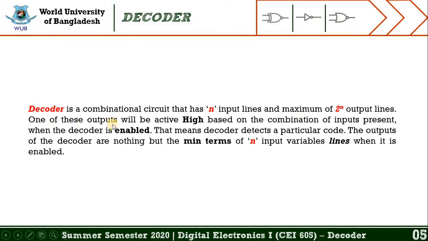One of these outputs will be active high based on the combination of inputs present when the decoder is enabled. That means the decoder detects particular codes. The outputs of the decoder are nothing but the minterms of the n input variables when it is enabled.